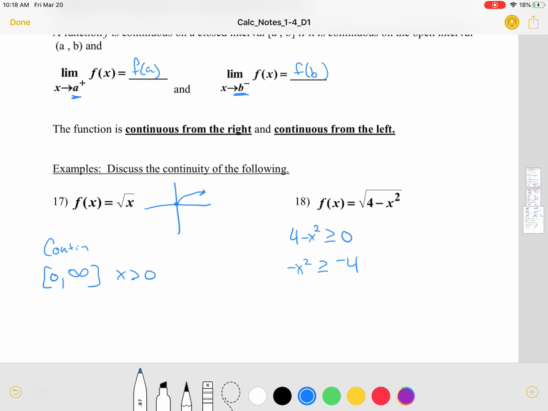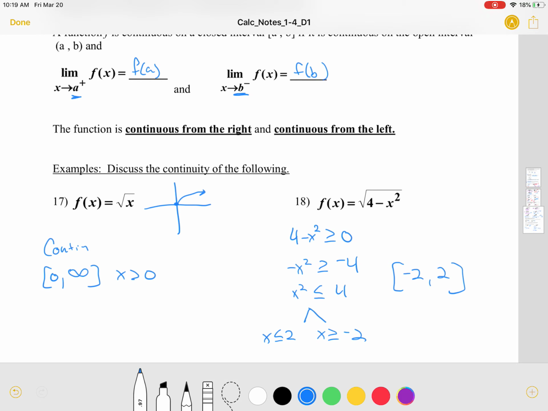Get rid of that negative sign, flip your sign, and this should give us x is less than or equal to 2 and x is greater than or equal to negative 2. That gives us that little interval, or you can write it like this. So our points are on this closed interval.